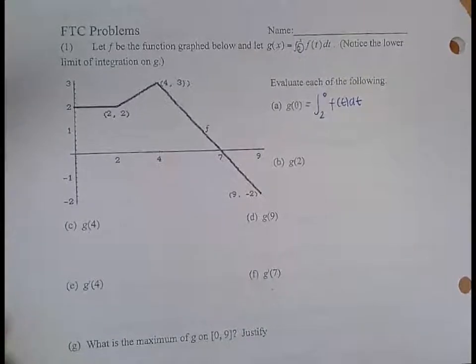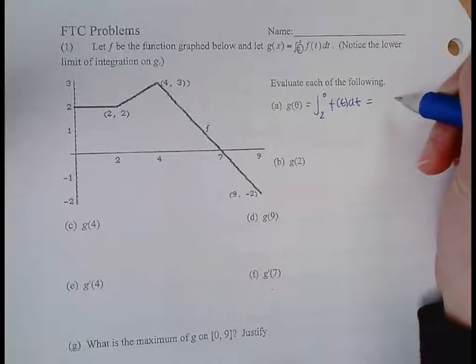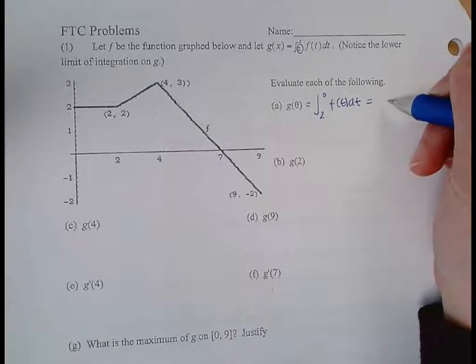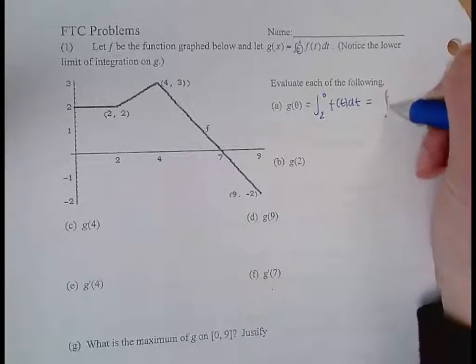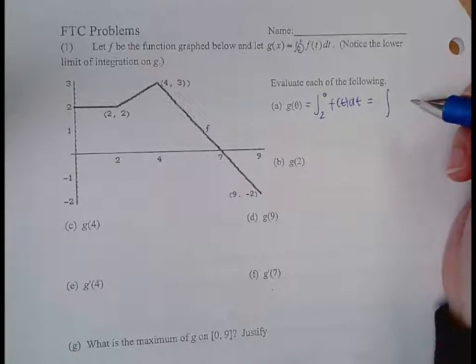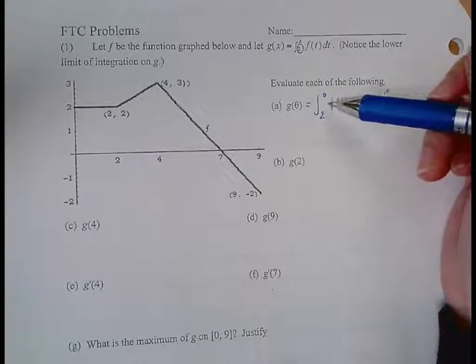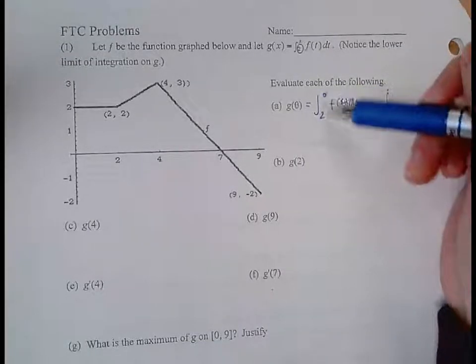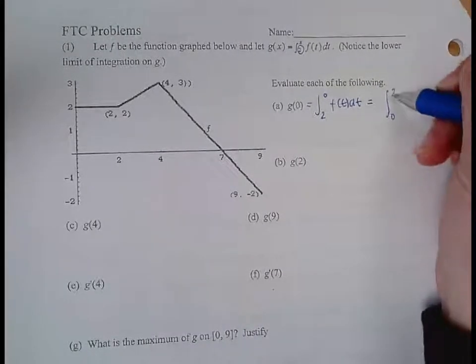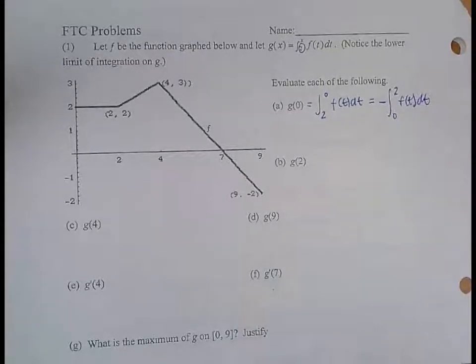Now, normally, when you have an integral, your lower limit is on the bottom, like the lower values on the bottom. Yes, you're going backwards, or by properties of integrals, you are allowed to switch these to make it 0 to 2, but if you switch them, the integral has the opposite value.